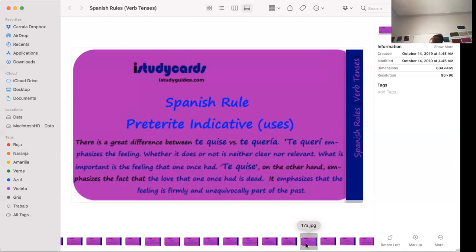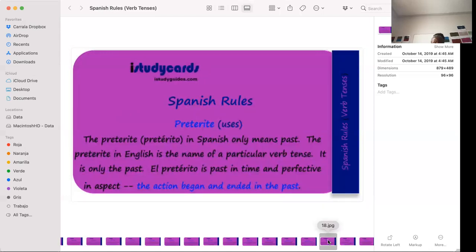I didn't have to ask any more questions. I knew that the relationship was over. But she didn't use quería. She used quise. And I just said, oh, okay. Because with quise, you're emphasizing the fact that it's over. And with quería, you're emphasizing the feeling that you had. It may or may not be over. You might not even know.